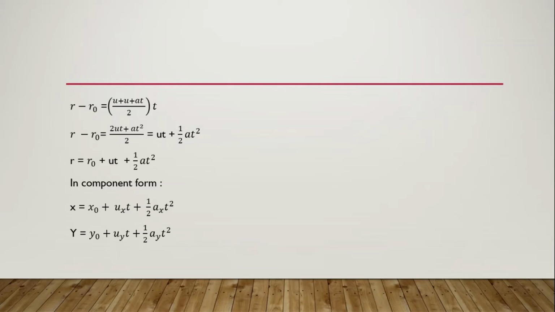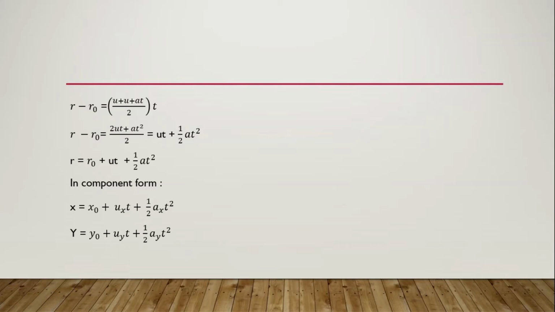Then r minus r naught is equal to, just do the mathematics here, 2ut plus at square. The t outside the bracket just multiplies inside the bracket. Then it becomes 2ut plus at square, divided by 2.